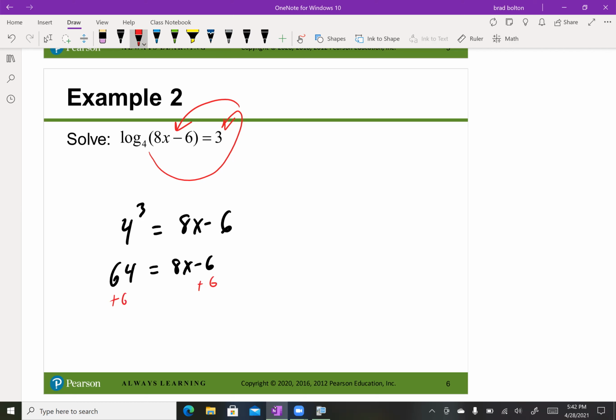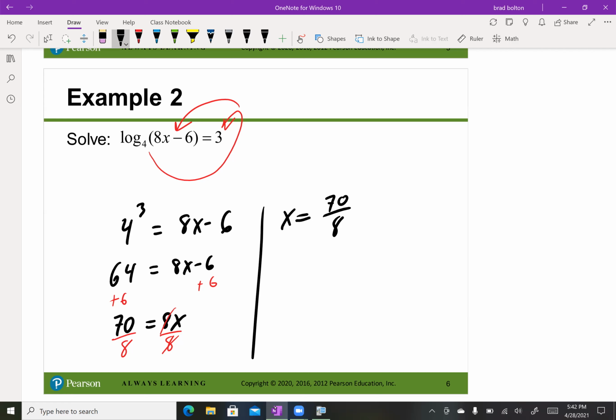Plus 6, plus 6. So we get 70 equals 8x. Divide both sides by 8. And we are left with x equals 70 over 8.